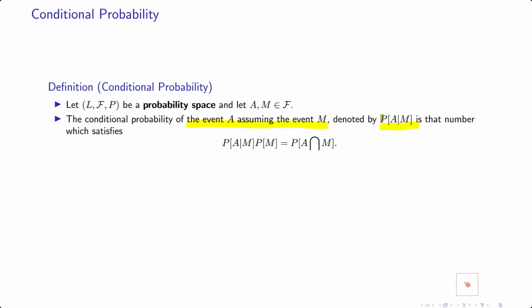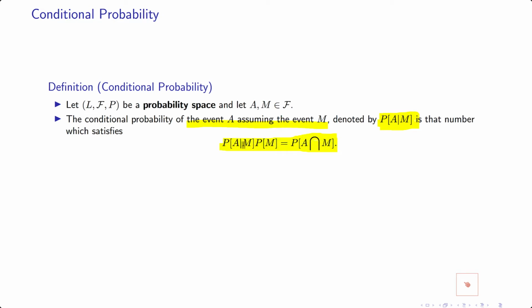We say the probability of A given M, or conditional probability of A given M. Again, we will prove that this is a valid probability measure, but it's different because now I know that M is happening. And the definition of the conditional probability is based on this equation. I say that probability of A given M is a number which will satisfy this equation.